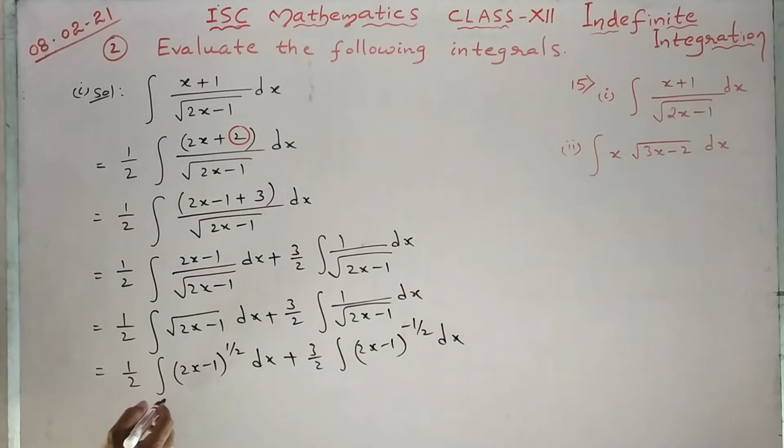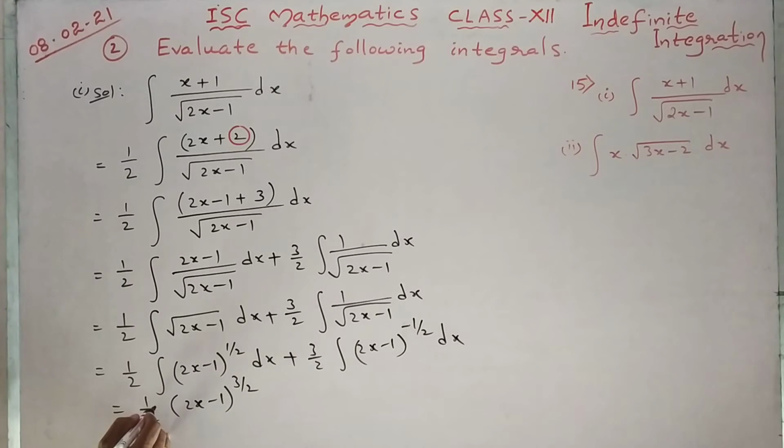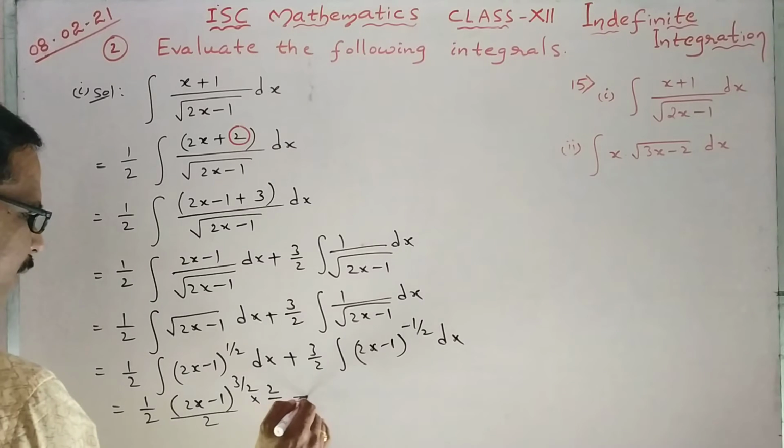Now you can write the integration for this. (2x minus 1) whole power 1 by 2 plus 1, that means 3 by 2. By 3 by 2 will be there, that I will write as 2 by 3, and the coefficient of x, 2, should be written in the denominator.